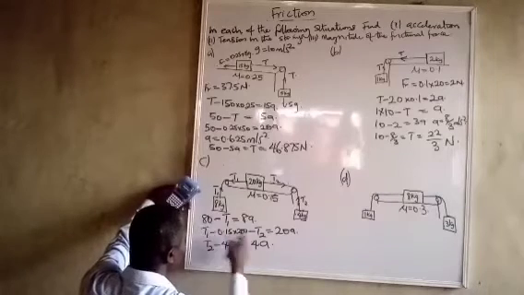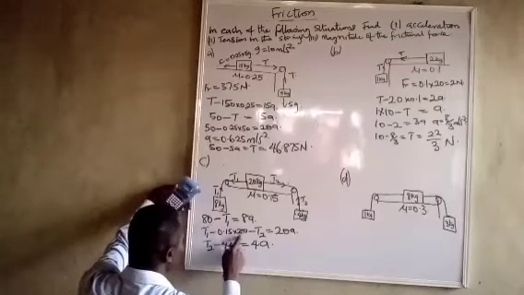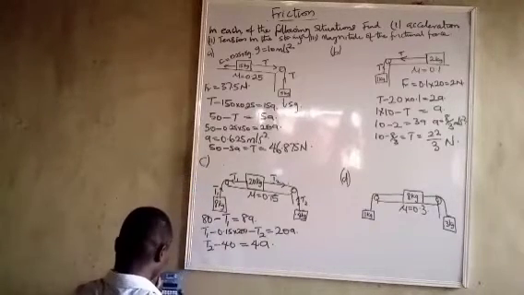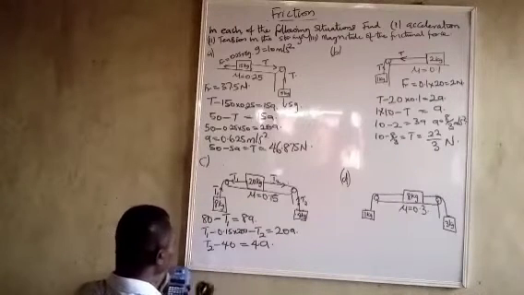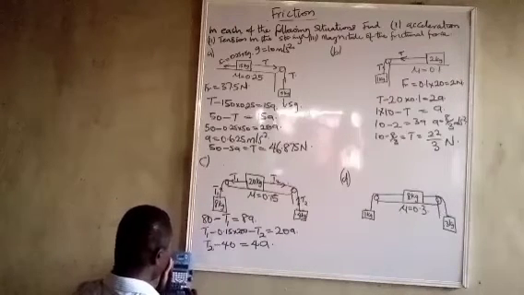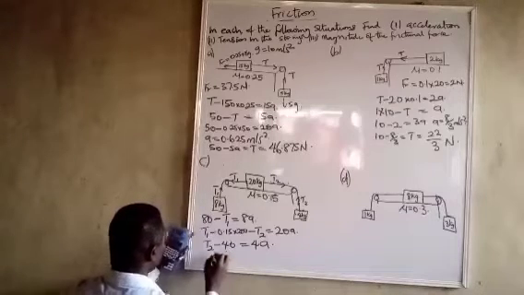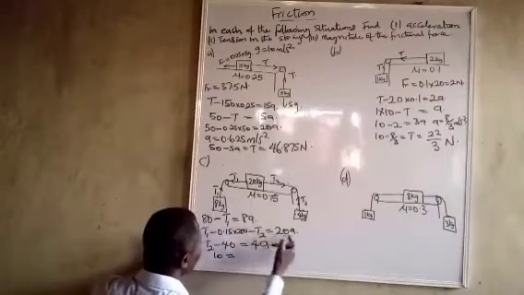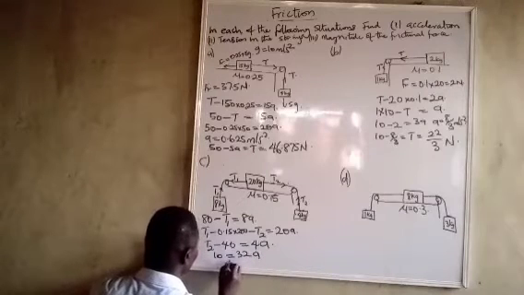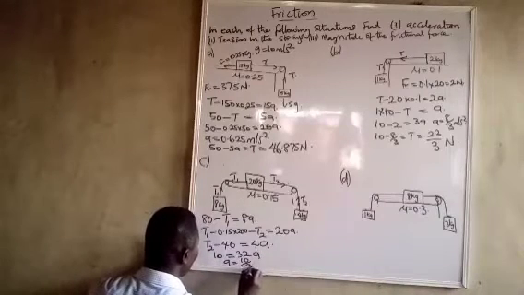Let's add the three. 80 minus this, and that is 80 minus 0.15 times 200 minus 40, that is 10, will be equal to 32a. So a will be equal to 10 over 32.